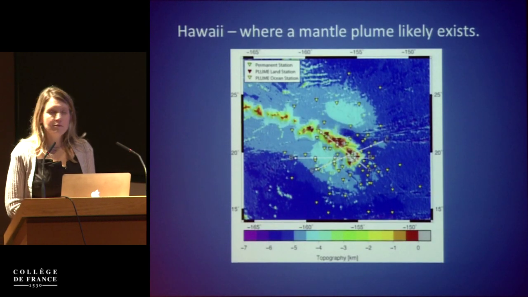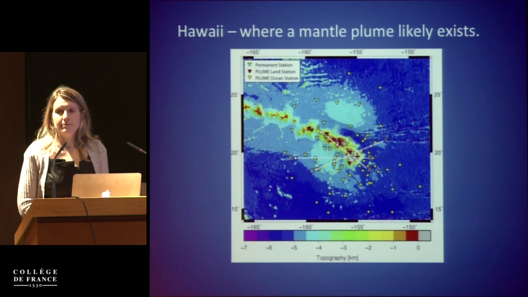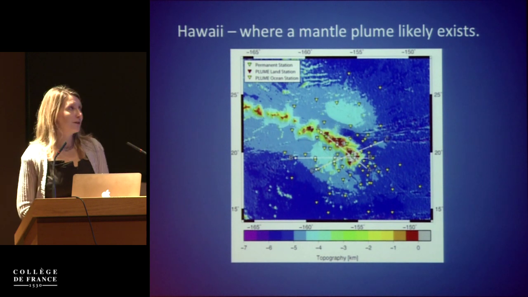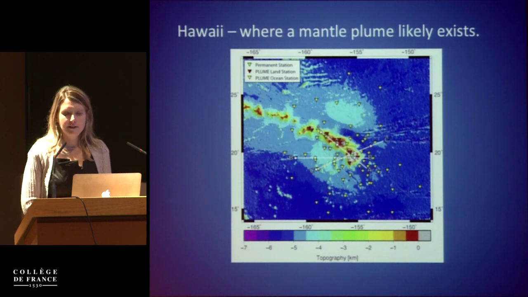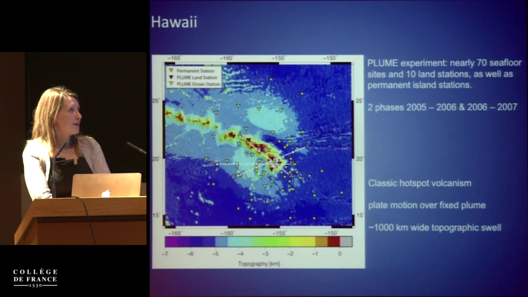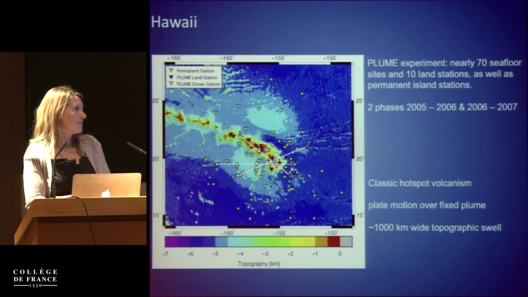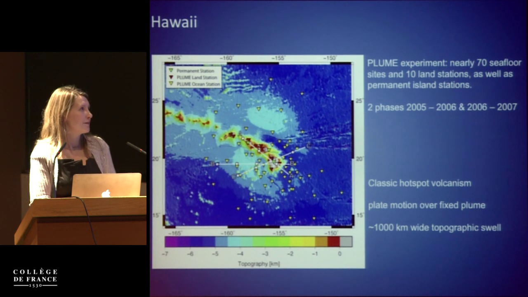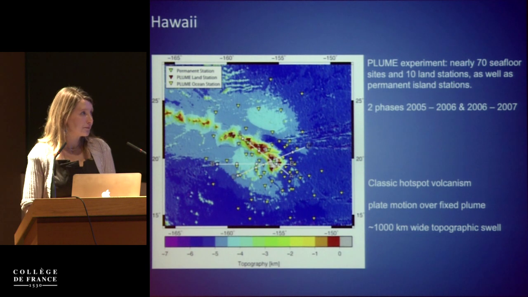So we'd like to look somewhere where we know that a plume actually exists, rather than being maybe just off of where we're looking. And so to do that, we've also looked at Hawaii. I looked at the PLUME experiment, which was about 70 seafloor instruments and 10 land stations deployed around the island of Hawaii.